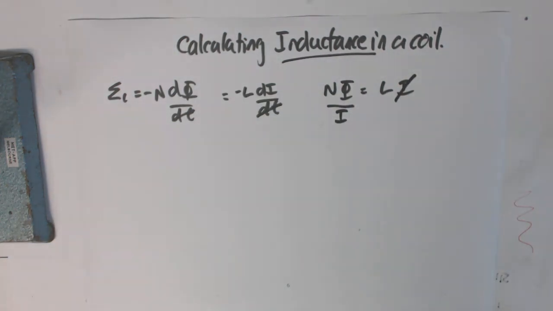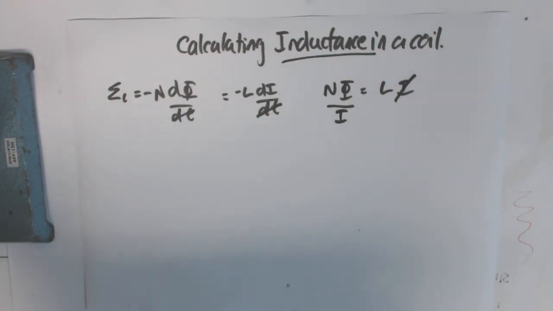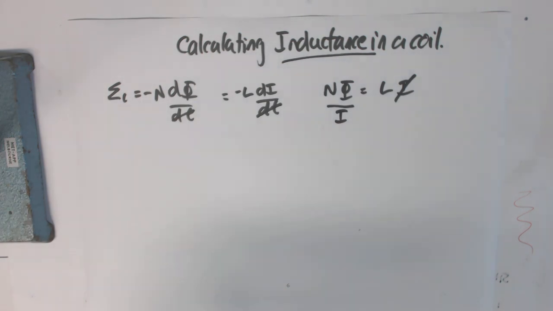Quite a brave statement to make, and I haven't proved it, but if we base it on that, thinking, hey, maybe that's about right, calculating the inductance theoretically, then maybe we can use that to work it all out.